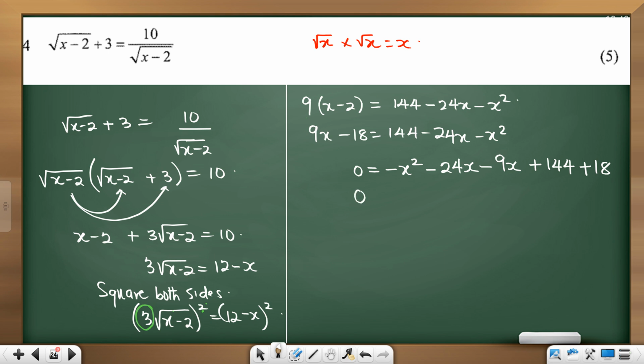Are you okay there, Chris? Minus x in a bracket is supposed to be positive x squared on the left-hand side. Okay, so x squared minus 33x plus 162.